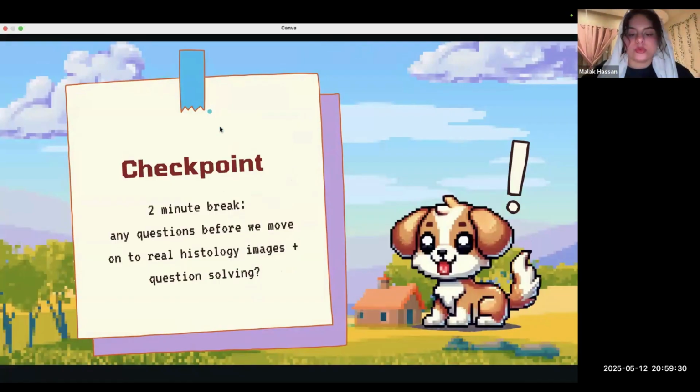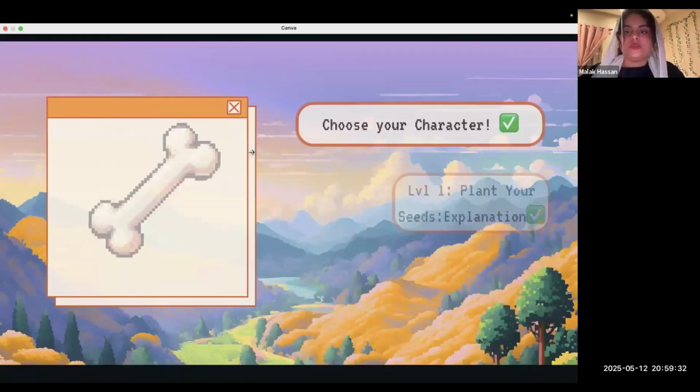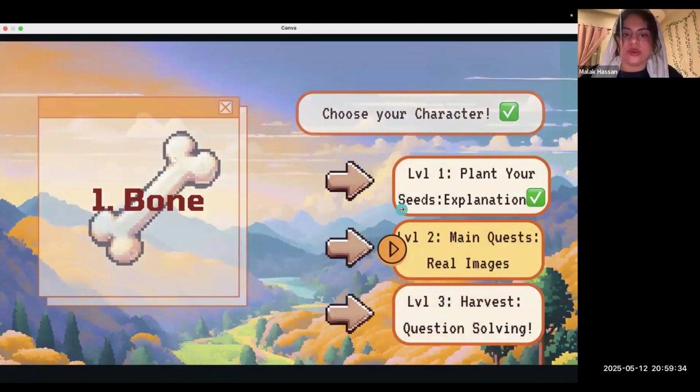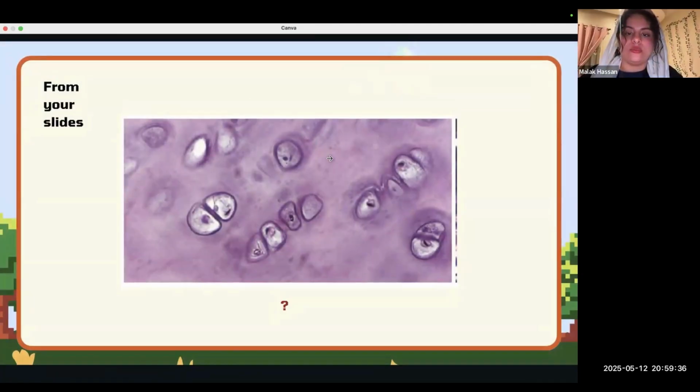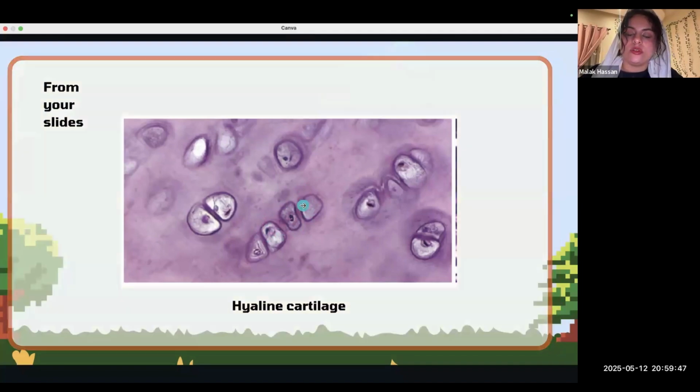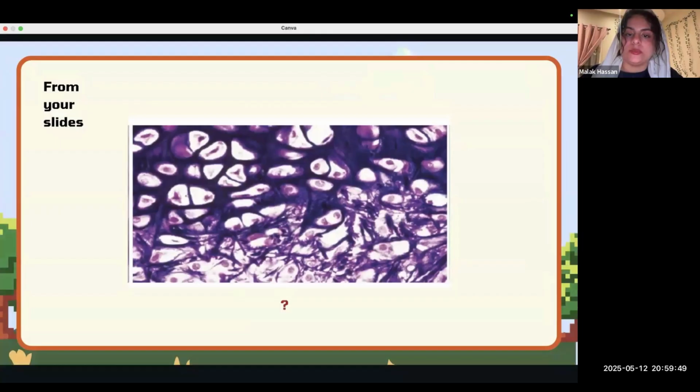And we're back. So now let's move on to the real images. Now, what do you guys think this is? Just pause and think. Okay, so this is hyaline cartilage. You can see the cells in their lacuna. What about this? This is elastic cartilage.